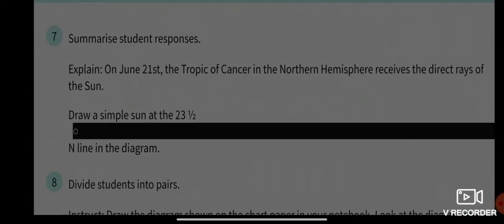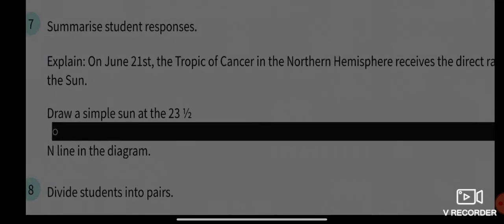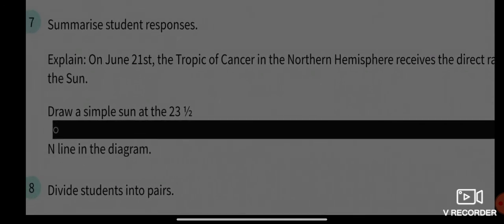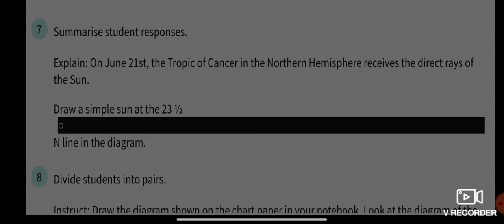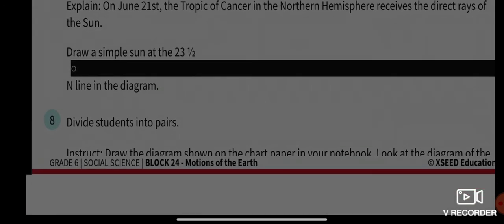As you can see, on 21st June, the tropic of Cancer in the northern hemisphere receives the direct rays of the sun. Remember, you have to draw a simple sun at 23.5 degrees.